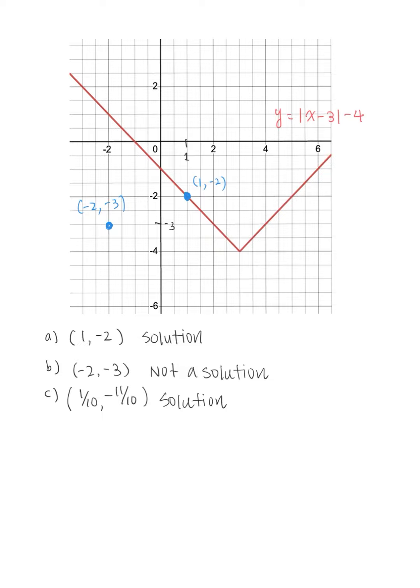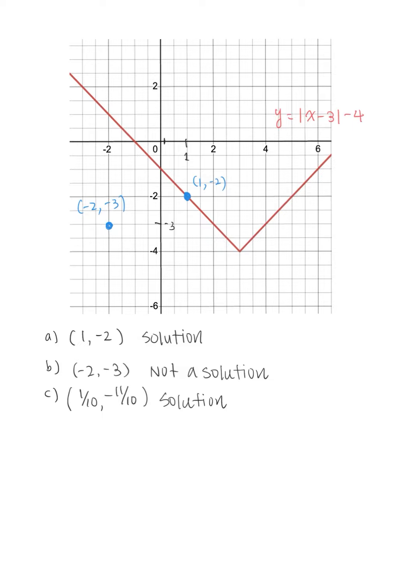Now the next one is going to be a little difficult to plot because the numbers are really little, but let's go. So x is 1 over 10. So you're going to have to divide 1 into 10 equal pieces and take one of them. So maybe it's like right here. Then your y value is going to be negative 11 over 10.